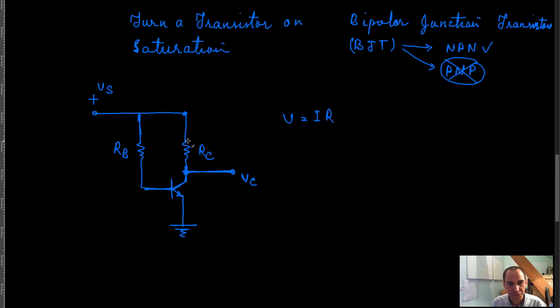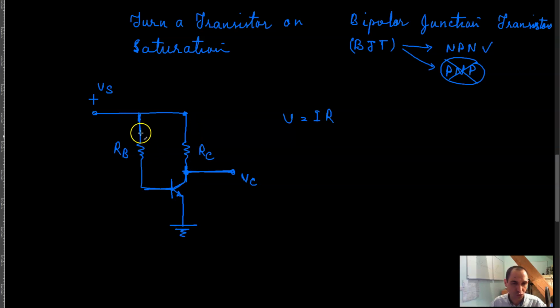If you have some current through this resistor, depending on the value of your resistor, some voltage is going to be dropped across it, right? That voltage can be controlled. The voltage dropped is a function of the resistance of this resistor and the amount of current going through that resistor. That current can be controlled, right?